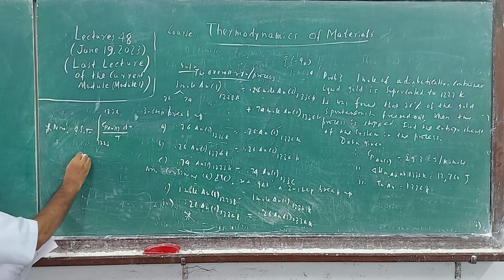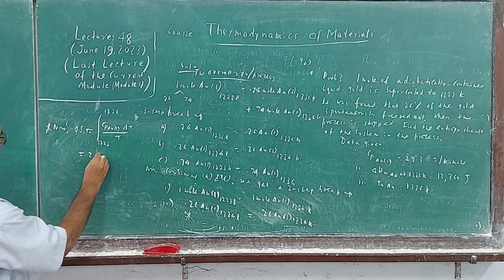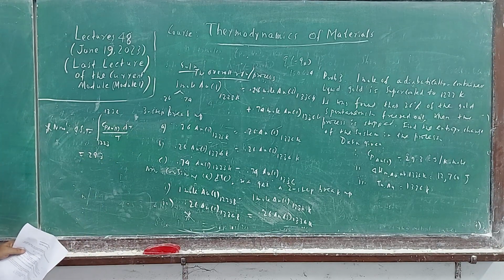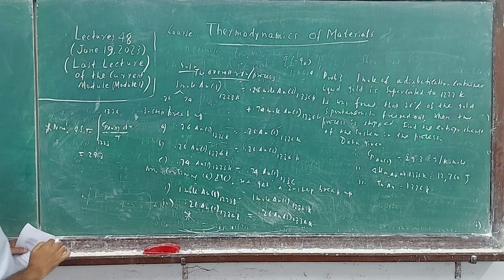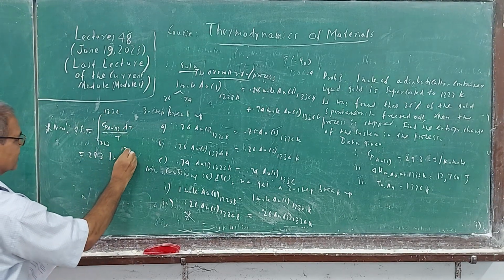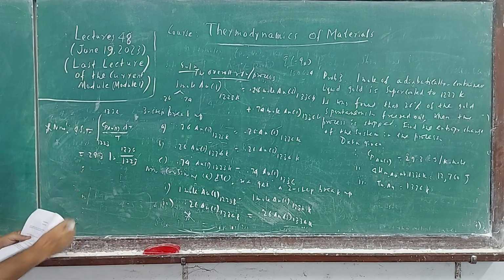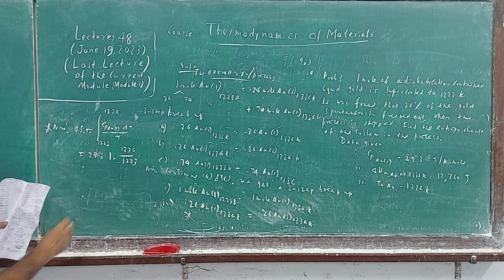Cp of gold liquid is 29.3. Times dT by T gives ln, so ln 1336 by 1223. I give you the result: 2.59 joule per Kelvin.